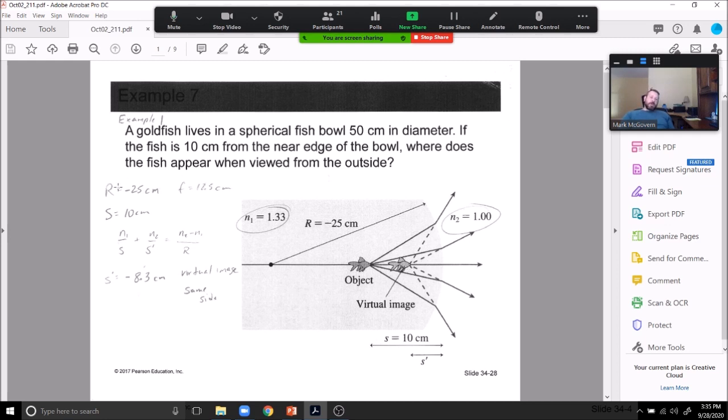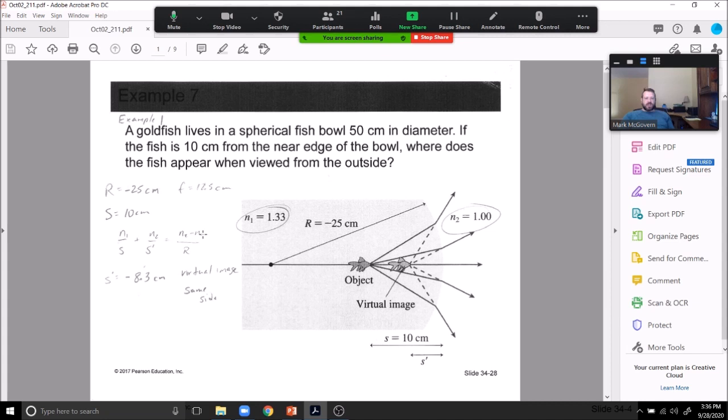Now, notice my radius of curvature. It's a negative 25 centimeters. Okay? Concave toward the object is going to be a negative radius because it's on the same side as our object. Anything that's on the same side as the object, when we're considering the images, the radius of curvature, those are negative. Okay, so I have my equation: N1 over S plus N2 over S prime equals the difference between them over R. So make sure you pair up the N1, whatever is with the object.